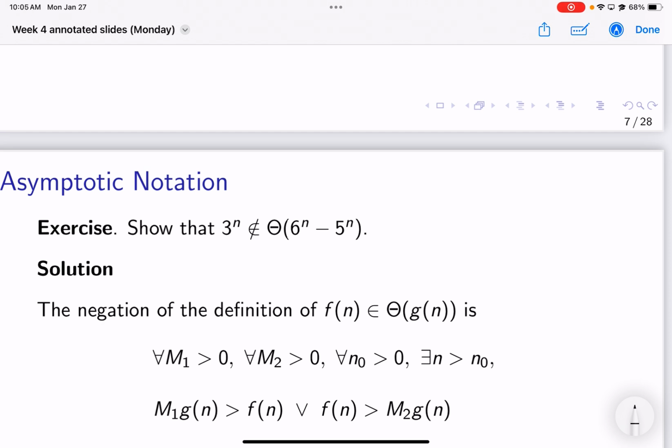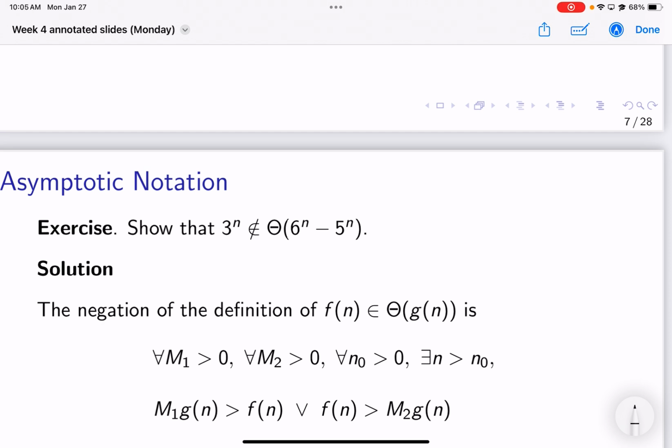Hold up, I'm confusing myself with inequality symbols again. Okay, so you have to choose whether you know that a lower bound doesn't exist or an upper bound doesn't exist.